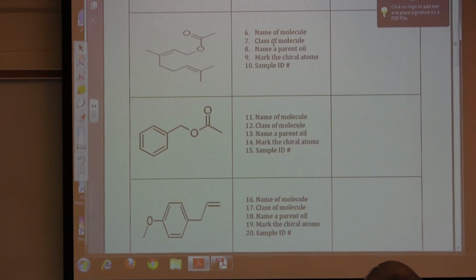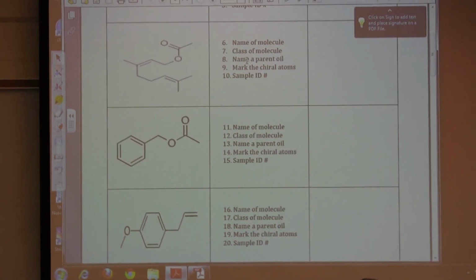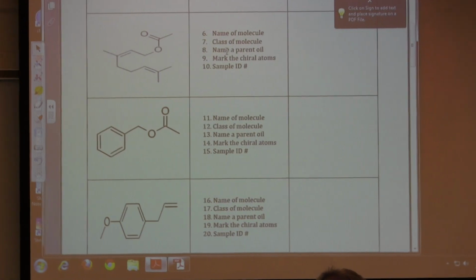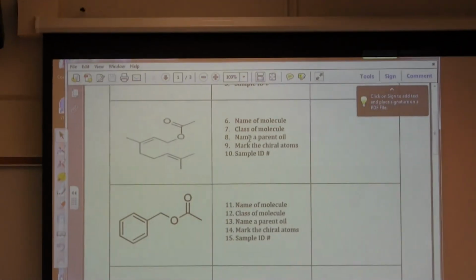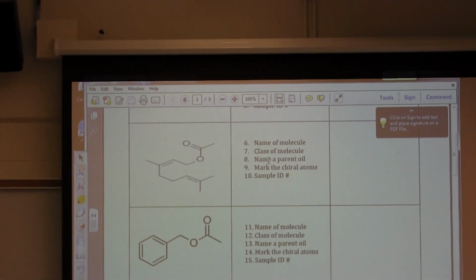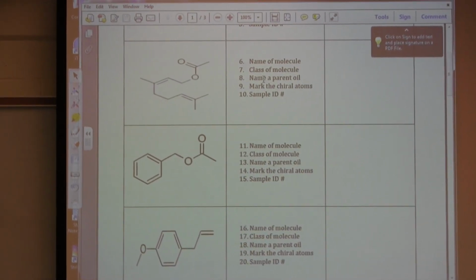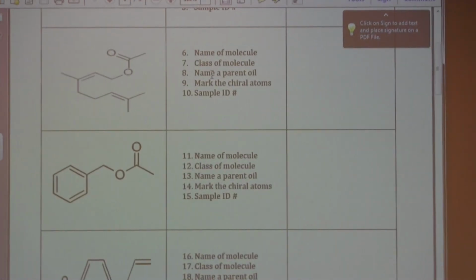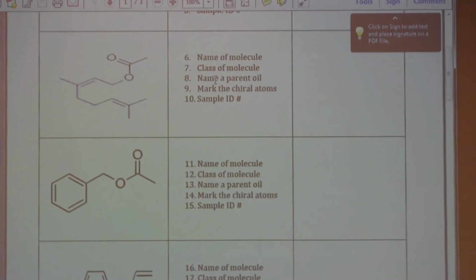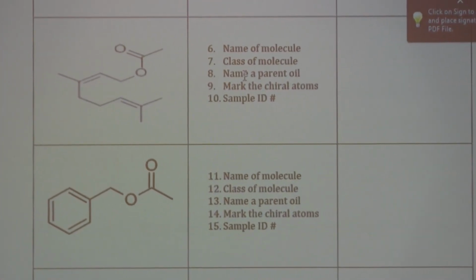It's an ester. Parent oil would be helichrysum. Really not any other choice here for that one. We didn't discuss anything really. There are other oils that contain it, but helichrysum is by far the one that has the highest level of it.